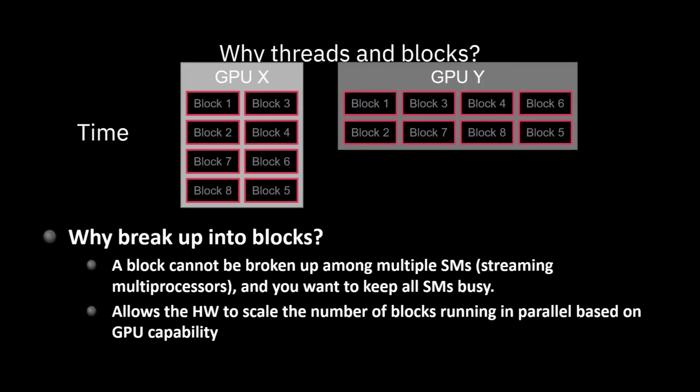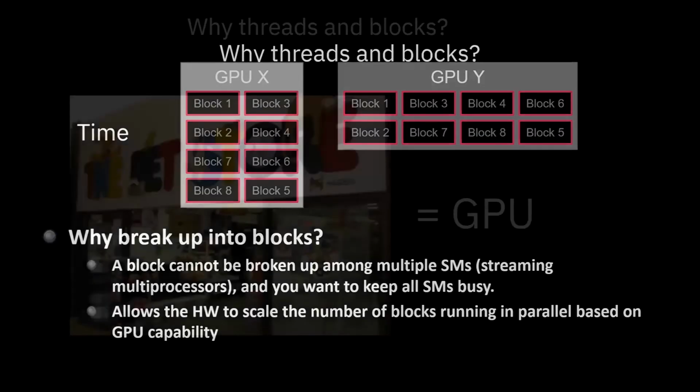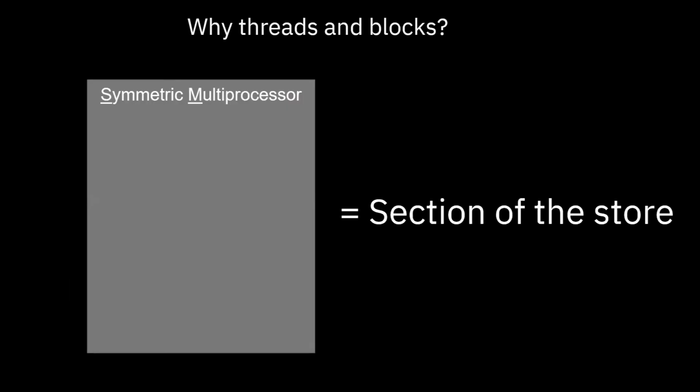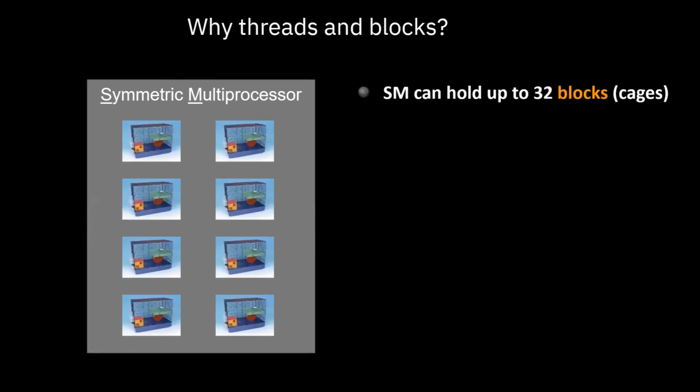So you will put a lot of blocks on different GPUs, and each block will use threads to run the application. Keeping with the analogy, a GPU is a pet store where you have a lot of streaming multiprocessors. Each one is a section of the store.